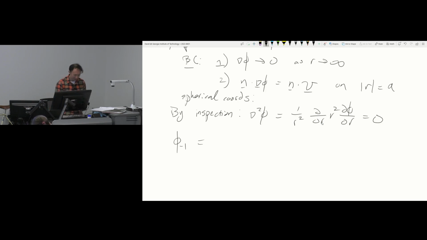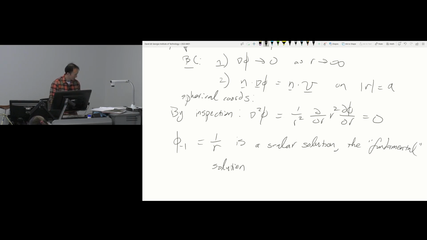So basically they said there are lots and lots of solutions, and the most simple one is called the fundamental solution. They call this the fundamental solution because it's r to the negative 1. But that's just arbitrary. And it satisfies the boundary conditions.